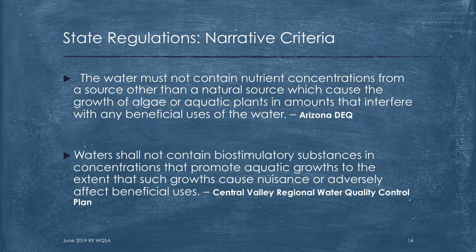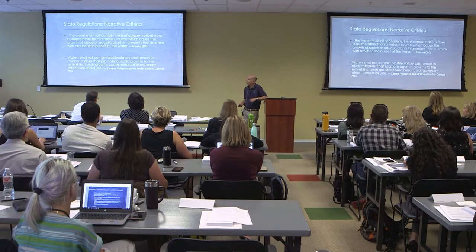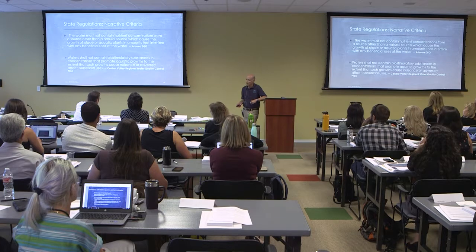These are some examples of narrative criteria. We have Arizona and Regional Board 5, so yay, Regional Board 5. They're slightly different, but in concept, they're not too different. Yeah, Kevin. I guess I'll point out with these two examples, they're linked to all beneficial uses.